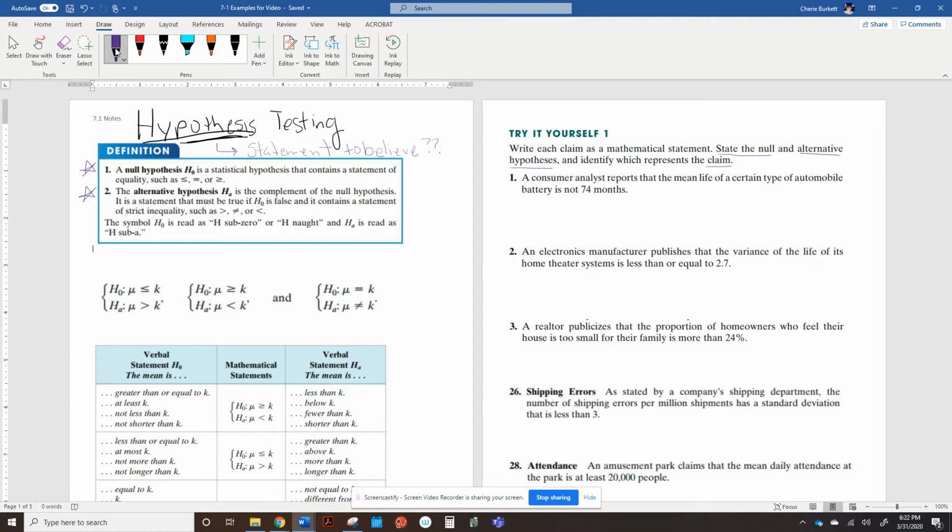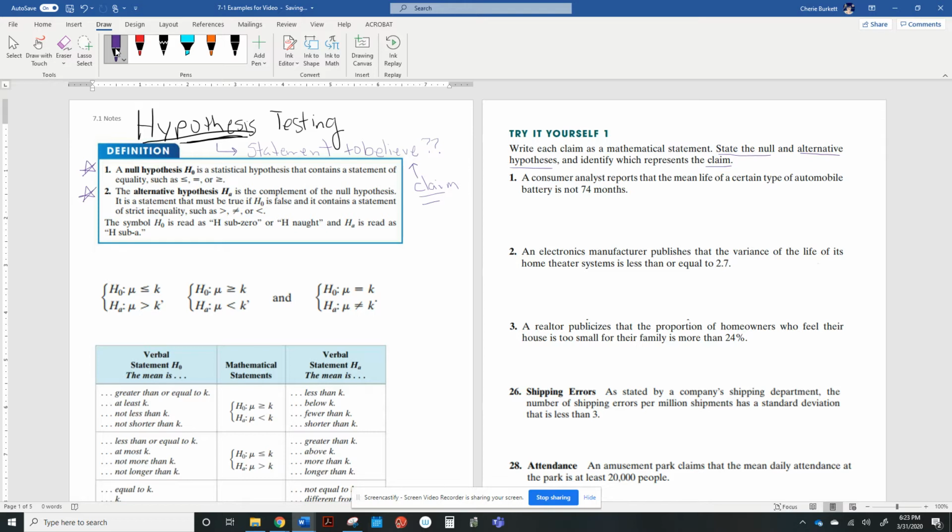Now, there is another name for this statement that we believe, or maybe we should not believe, and that is going to be our claim. And this word claim, you'll see in these first set of examples that we're going to have. The word claim is going to be that statement that somebody wants us to believe.